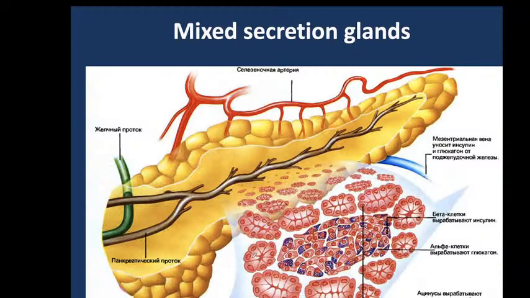We have this one, exocrine gland, but inside we have islets of Langerhans, and they work as endocrine elements inside of the pancreas.